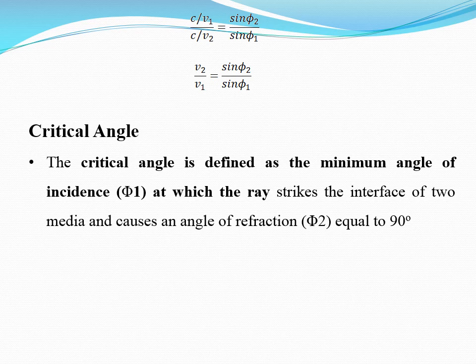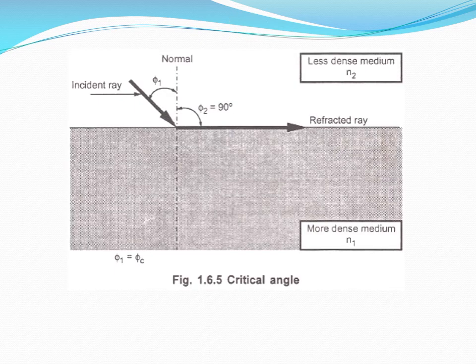Normally the angle of refraction will never be equal to 90 degrees. But in this case, if the angle of incidence is the minimum angle at which the ray strikes the interface of two different media and causes an angle of refraction equal to 90 degrees, then we call it the critical angle.